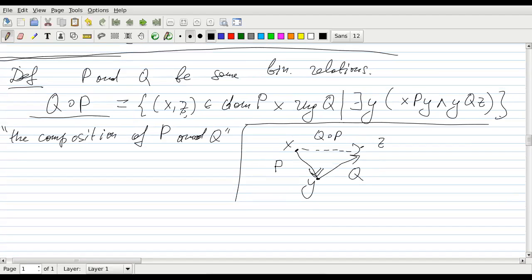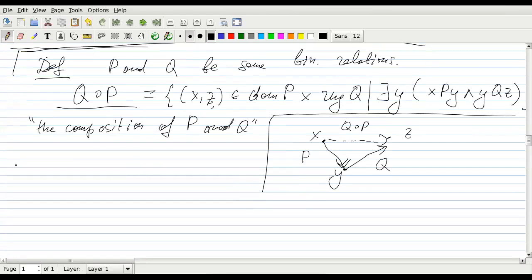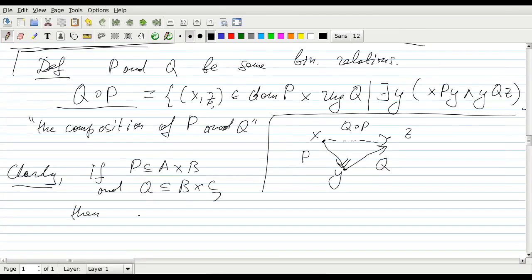Okay, let's compute some compositions. But first of all, let's make some observation. If P is the relation between A and B, and Q is the relation between B and C, then of course the composition is a relation between what?